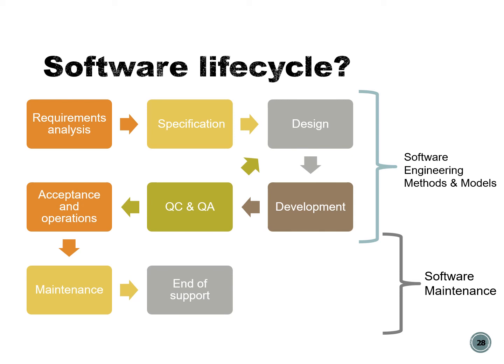And of course, on our courses, most of you probably have already taken the software engineering methods and models course, probably last fall. So on that course, the idea was that we talk about requirements analysis, specifications, design, and all the way to the acceptance and operations.